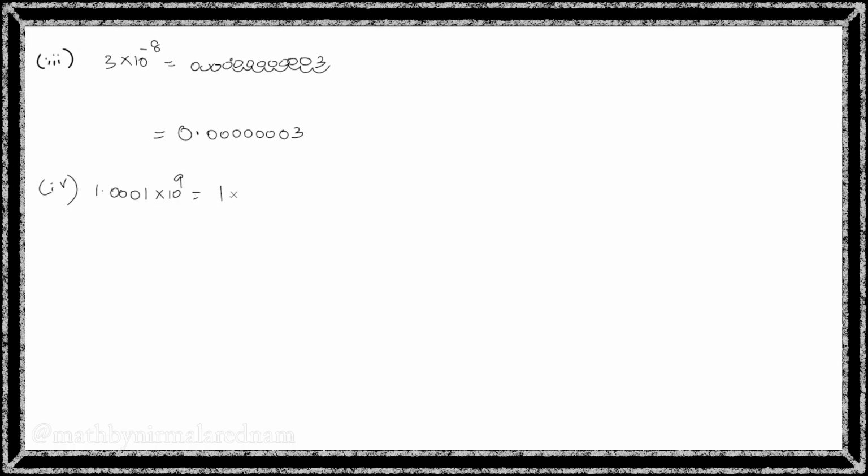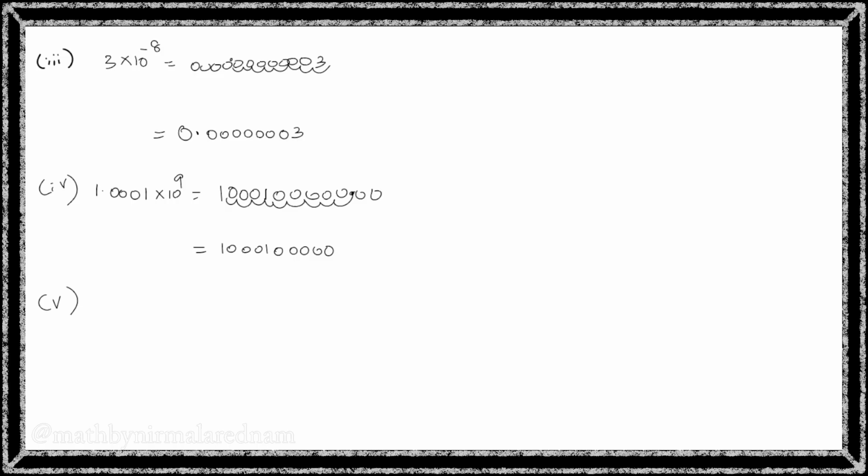Okay, so place a few zeros after this and start from here. 1, 2, 3, 4, 5, 6, 7, 8, 9. So the answer is, after the 1, I have 5 zeros. Okay, that is my answer.